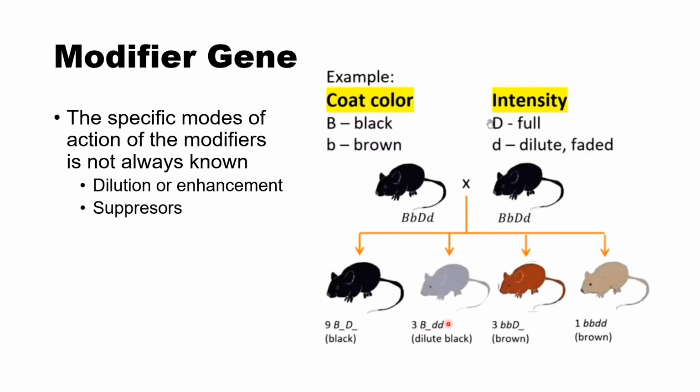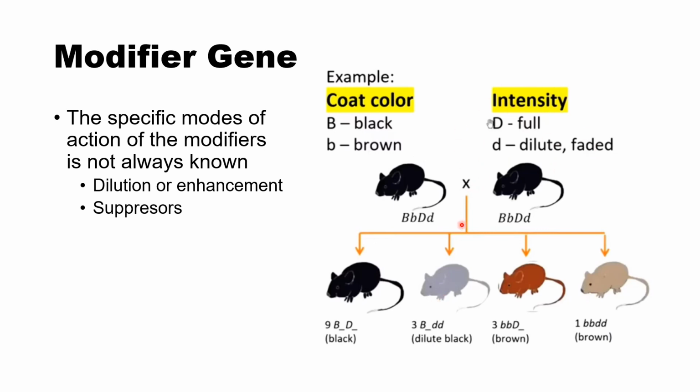Imbes na yung coat color niya sana is black, pero dahil meron ka nitong gene na to that will dilute yung color ng black, yung palalabasan ngayon nung mga tatlong mice na yon is diluted black, hindi na siya black mismo. So, meaning ito ay isang modifier gene.